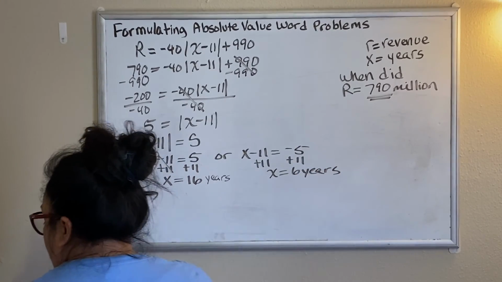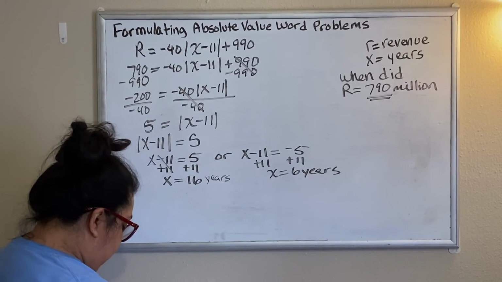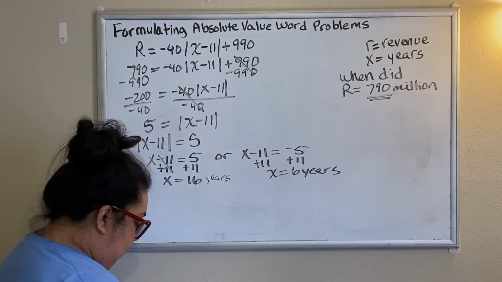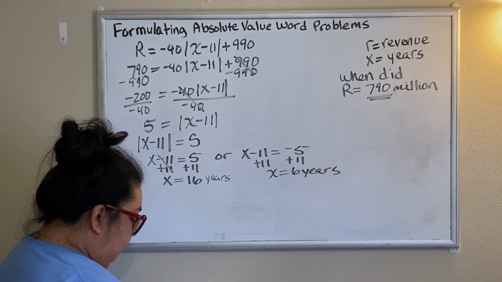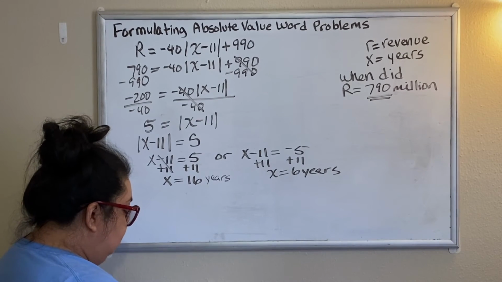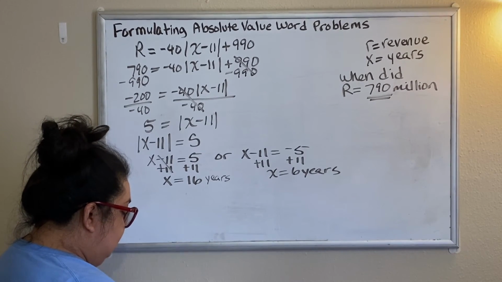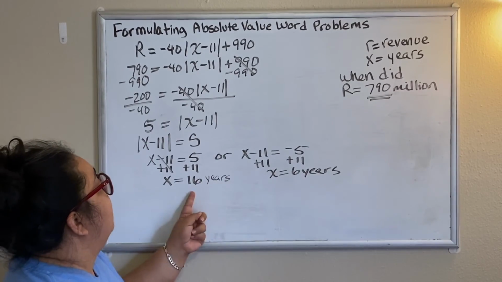Now let's read our word problem again, because there was a lot of information there. It says that R is the annual revenue in millions of dollars and X is the number of years since January 1st, 1980. So this is the years since 1980.